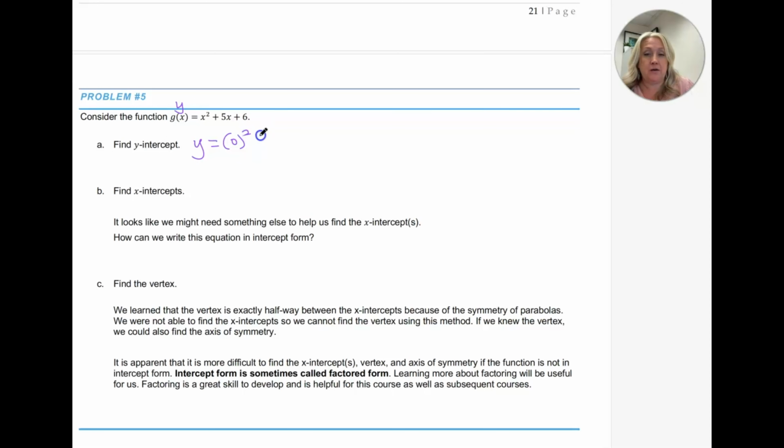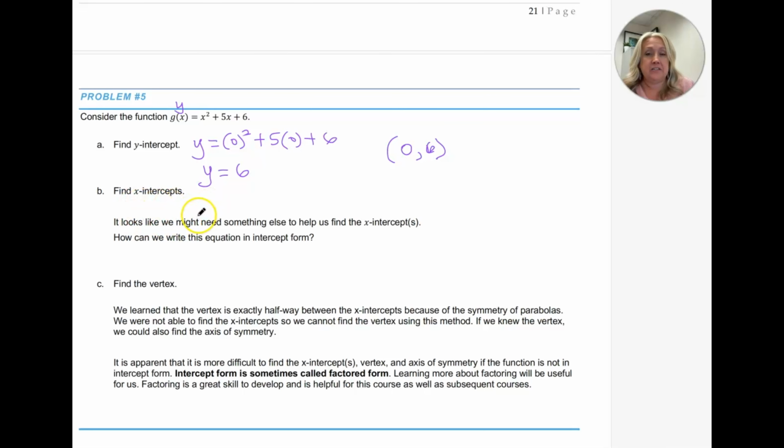So 0 squared plus 5 times 0 plus 6. Well, 0 squared is just 0. 5 times 0 is 0. And so all we have left there is 6. So y equals 6. So my y-intercept, when x is 0, y is 6.